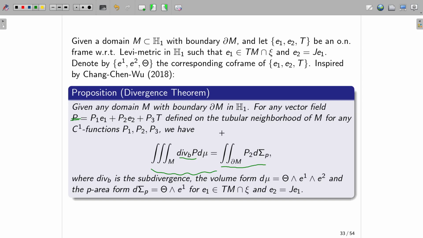So we got the formula, the transformation rule from the volume to the surface.